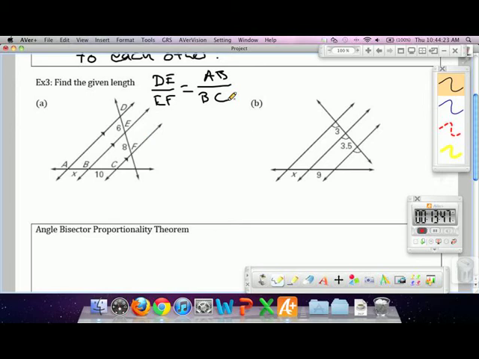Or by plugging in the values, I could find x. I could say like 6 over 8 is x over 10. x is forced to be, what, 7.5?